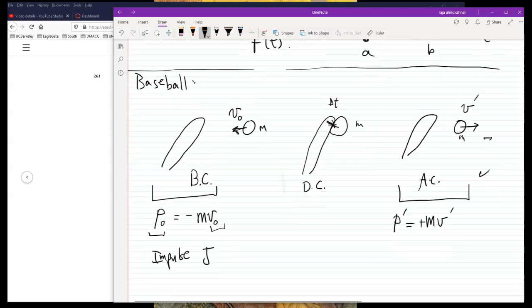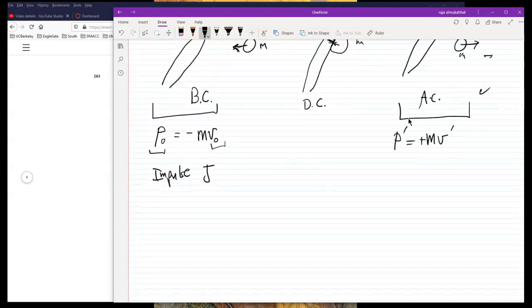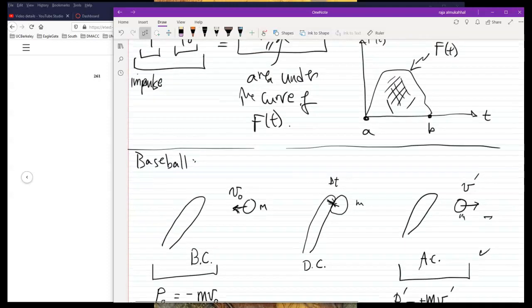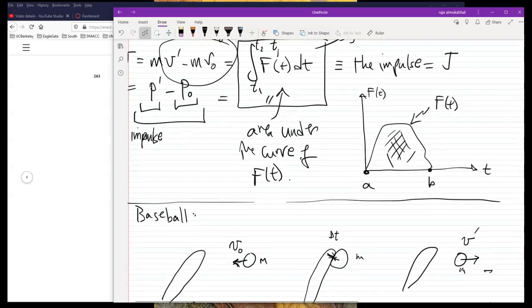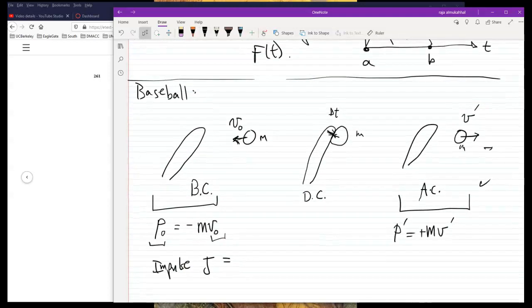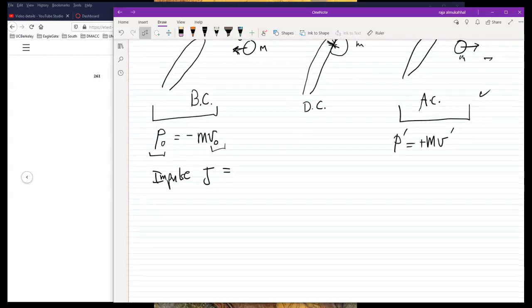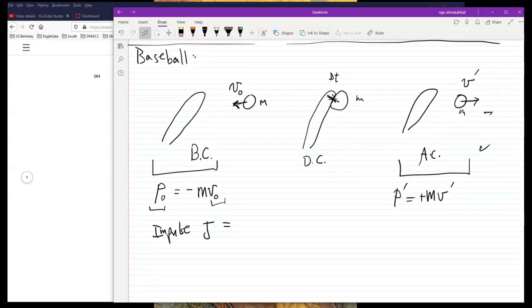Anyway, in this case, the impulse J, remember, it is equal to what? If you go back, let me write down exactly what I've written here. It's equal to mv prime minus mv0. So basically the difference between the final minus the initial. What is the final here? Well, the final is this one, right? So this is p prime minus p initial.